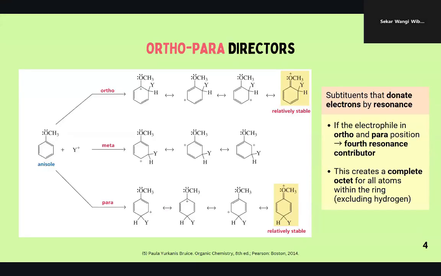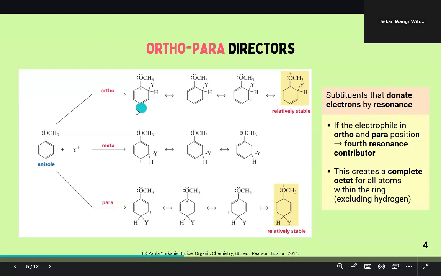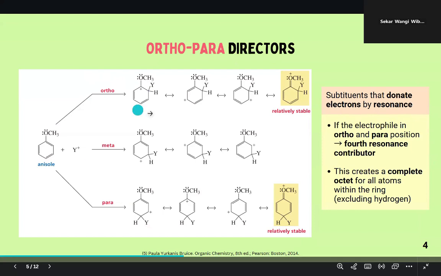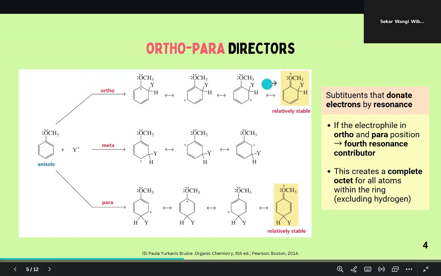As previously mentioned, there are two types of directing effects on the EAS reaction. The first one we will talk about is ortho-para directors. Ortho-para directors are substituents that can donate electrons by resonance. As you can see here, in the ortho and para positions, they give multiple resonance contributors.